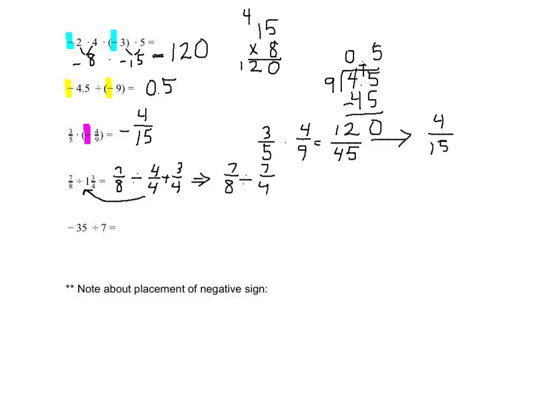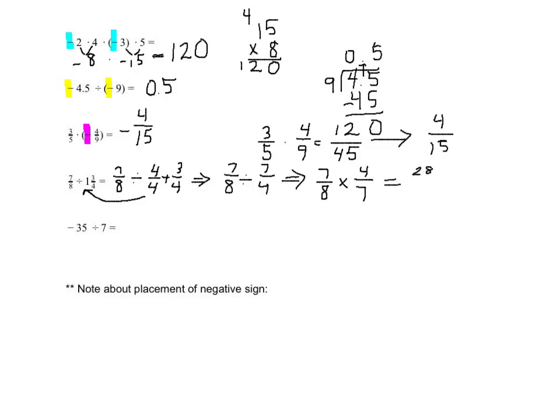Now when we divide fractions, remember we keep the first the same and then we just flip the second and multiply them together. So let's rewrite that one more time because we're going to keep this first one the same, change division to multiplication, and flip the other fraction. Then we can just multiply straight across.